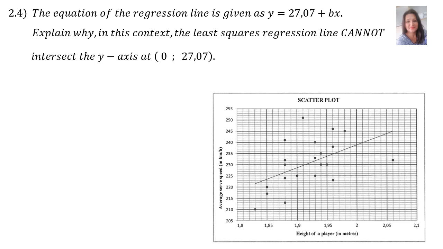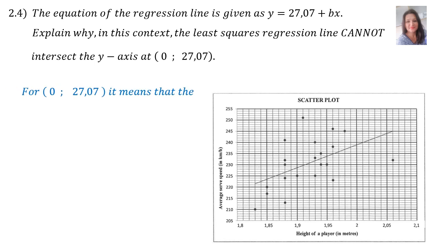Question 4. The equation of the regression line is given as y is equal to 27,07 plus bx. Explain why, in this context, the least squares regression line cannot intersect the y-axis at the point 0 and 27,07.